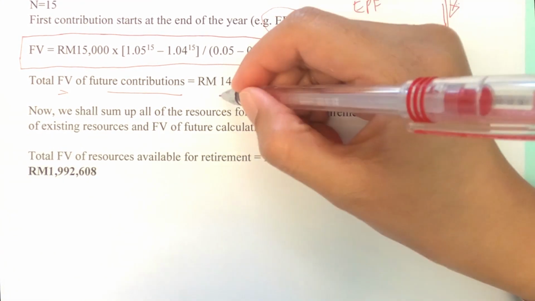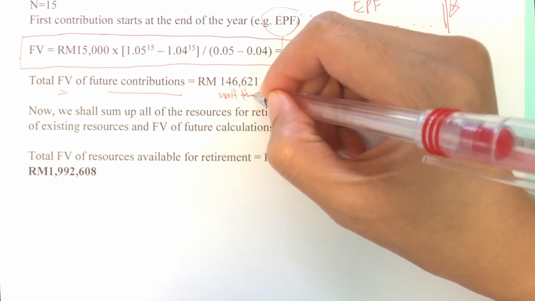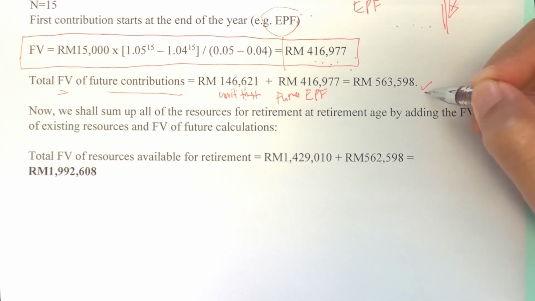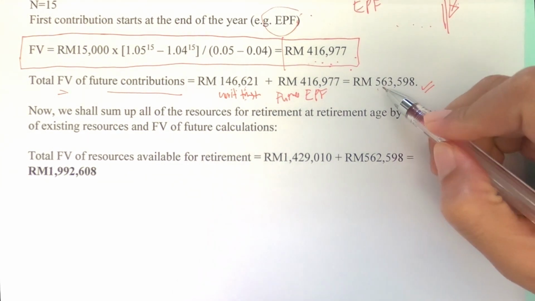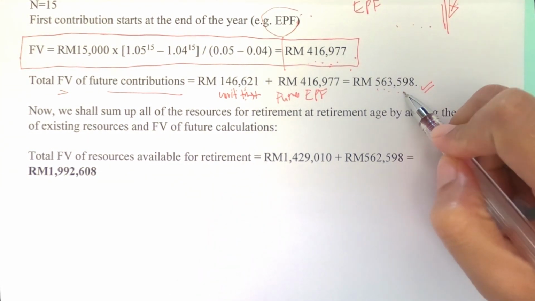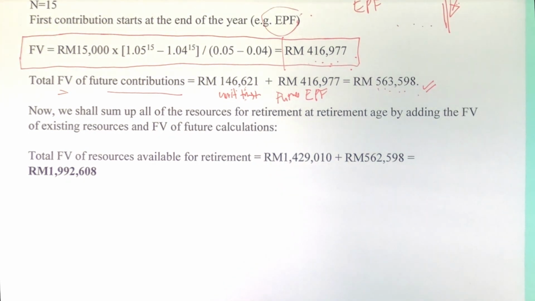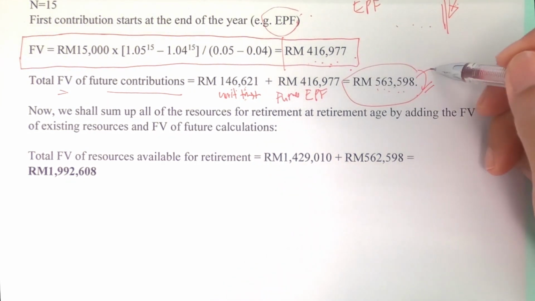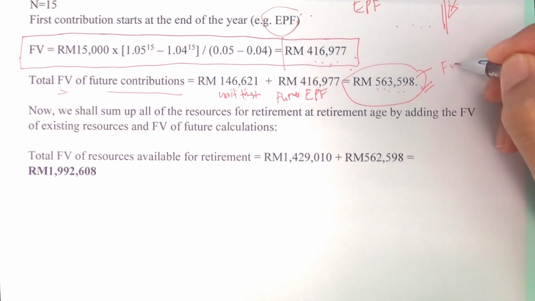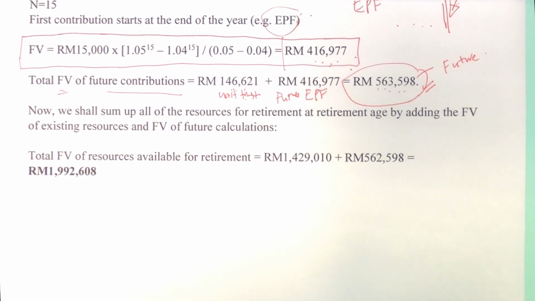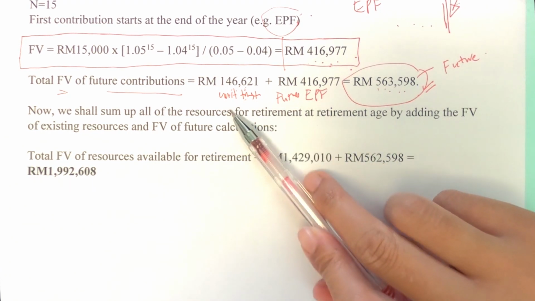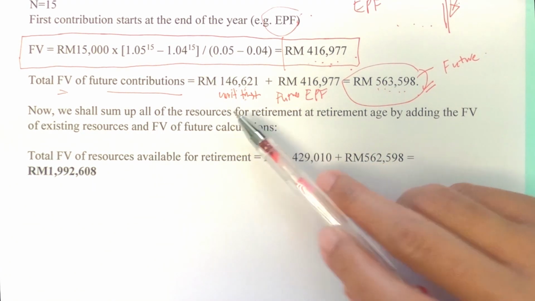This is from unit trust. So the total here is 563,598. This is actually the future resources, from future EPF and the future unit trust.